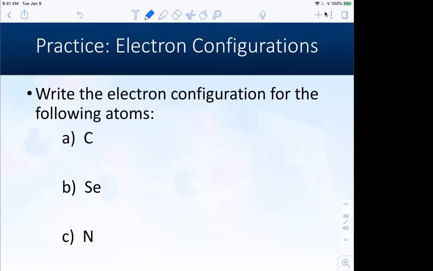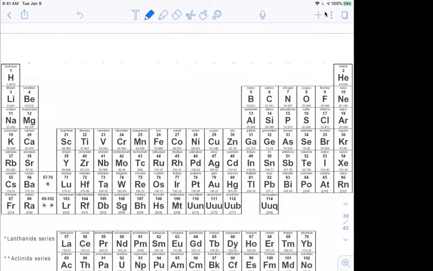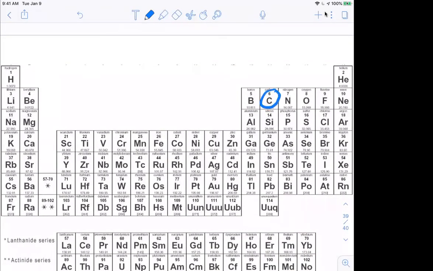I have these 3 electron configurations that I want you to write. I have carbon, I have selenium, and I have nitrogen. Again, I want to use the periodic table in order to do this. So I'm going to look where carbon is. It has atomic number 6, so I have to populate with 6 electrons. I start here.